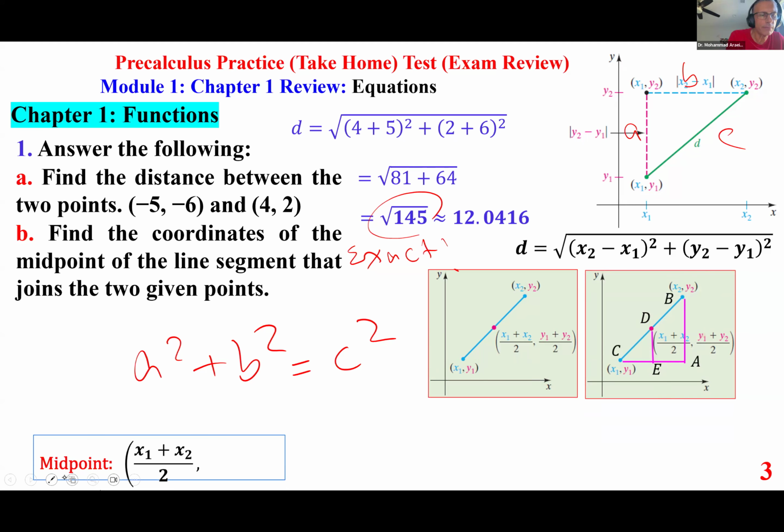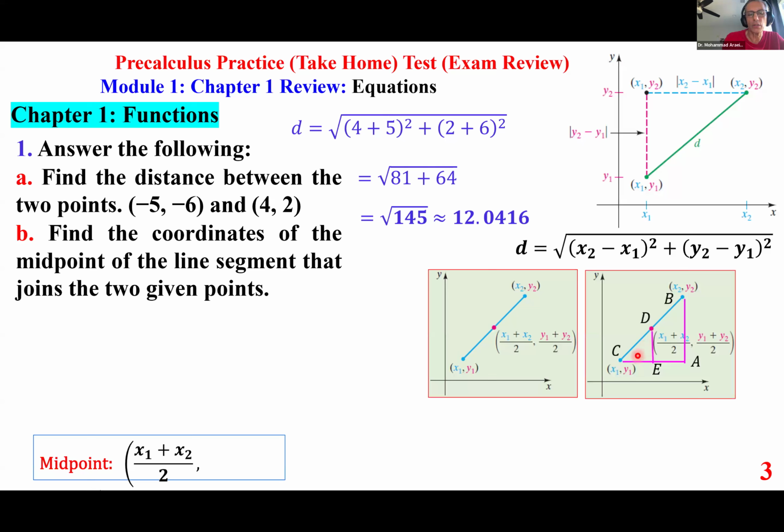It contains two triangles, the small one and the large one. The small one and the large one are similar. Triangle ABC, the big one, and triangle CDE, the small one, are similar.